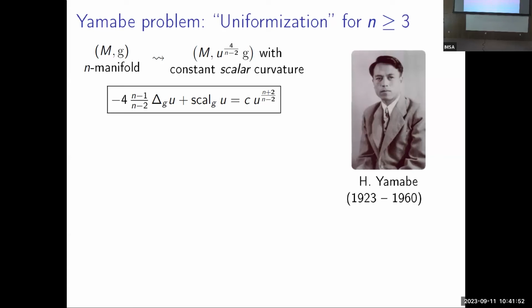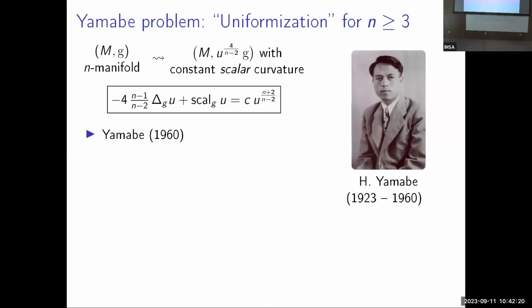The reason we chose this power for u is to have the easiest possible equation. And this turns out to be a very hard equation to solve because of the special nonlinearity that appears here, (n+2)/(n-2), which is exactly the critical Sobolev nonlinearity. For this type of equation, the existence of a positive solution is not obvious.